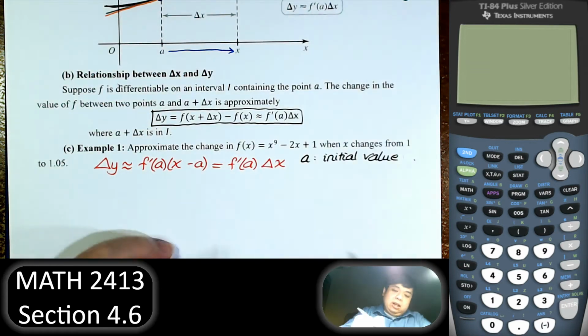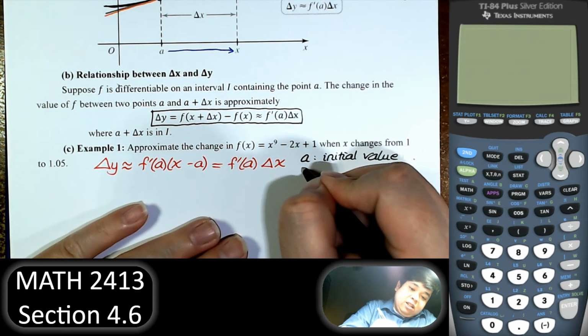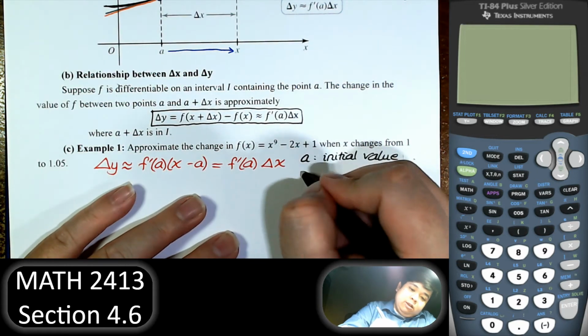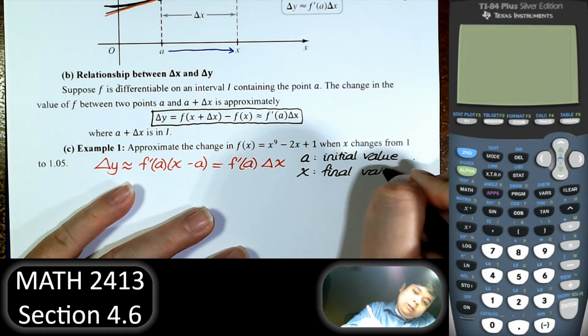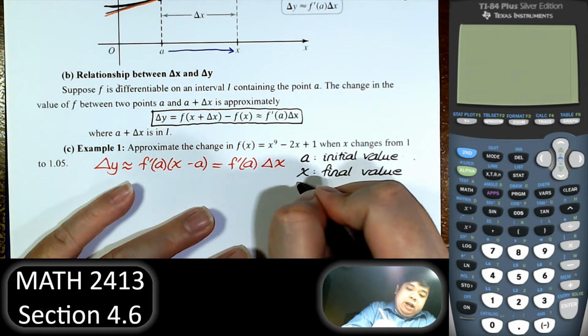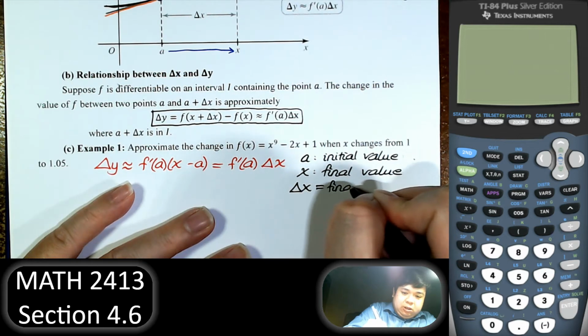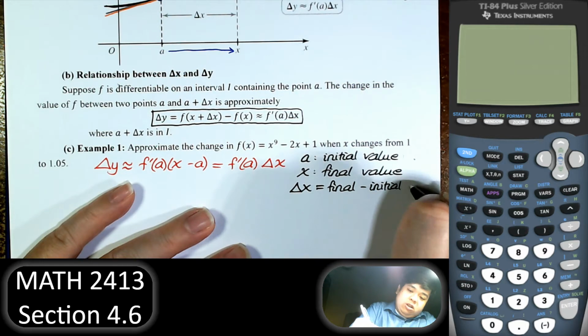So we go from a, and x would be the final values, and delta x is final minus initial, which is x minus a, pretty much.